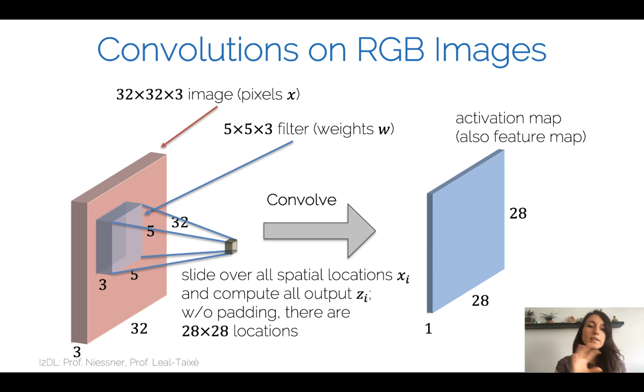Now we're sliding this filter over all the spatial locations. In this case, we have 28 by 28 spatial locations. Therefore, after the convolution of the image with our filter, we obtain as output an activation map, which is 28 by 28 by 1. So each filter gives us an activation map with depth 1.